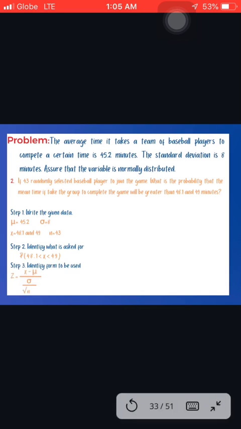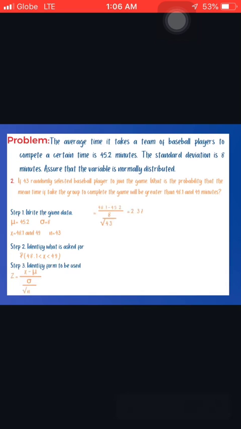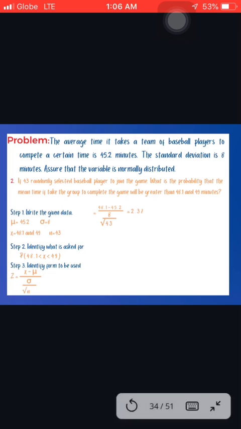Step 3, identify the formula to be used. X minus sample mean over the standard deviation over the square root of n. So step 4, evaluate. 48.1 minus 45.2 over 8 over the square root of 43 is equal to 2.37.